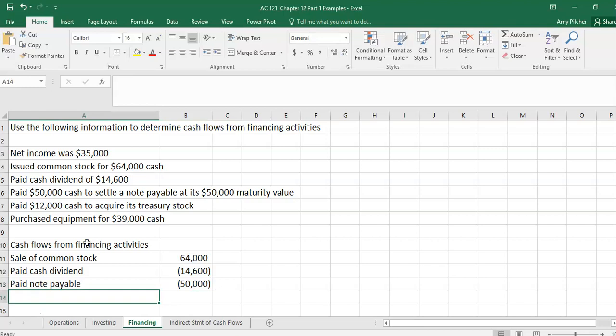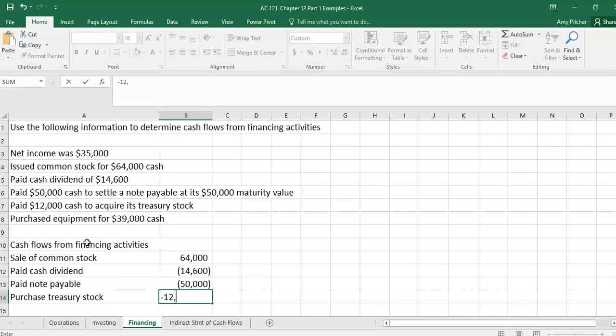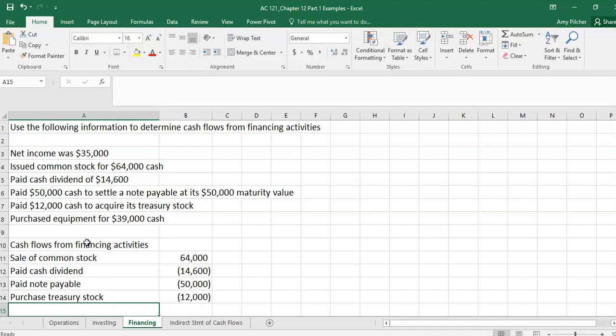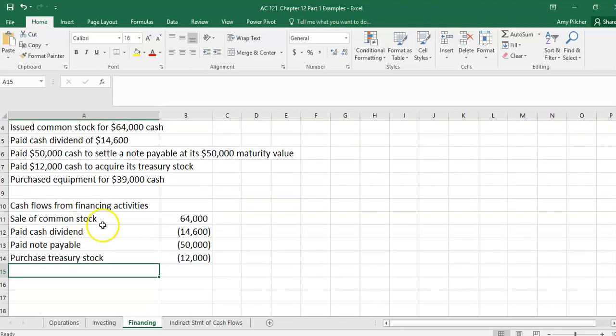And we paid $12,000 in cash to purchase treasury stock. And the last item in our information says that we purchased equipment for $39,000 cash. So equipment actually goes in the investing section and not the financing section. So since we're working on the financing section, we don't need that information.